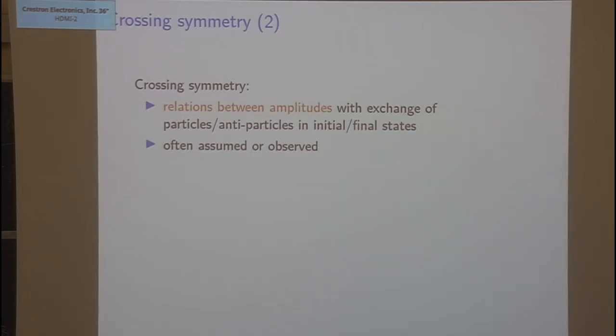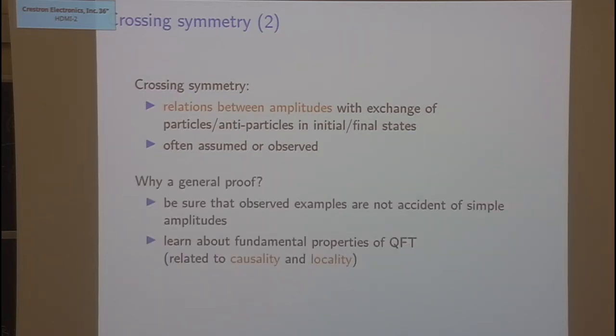So the question is, why do you want a general proof? The first is to be sure that the observed examples are not accidents, because the amplitudes are very simple. For example, if I ask you to show that a 4-point amplitude at 100 loops is crossing symmetric, I think you will have a hard time to show it.